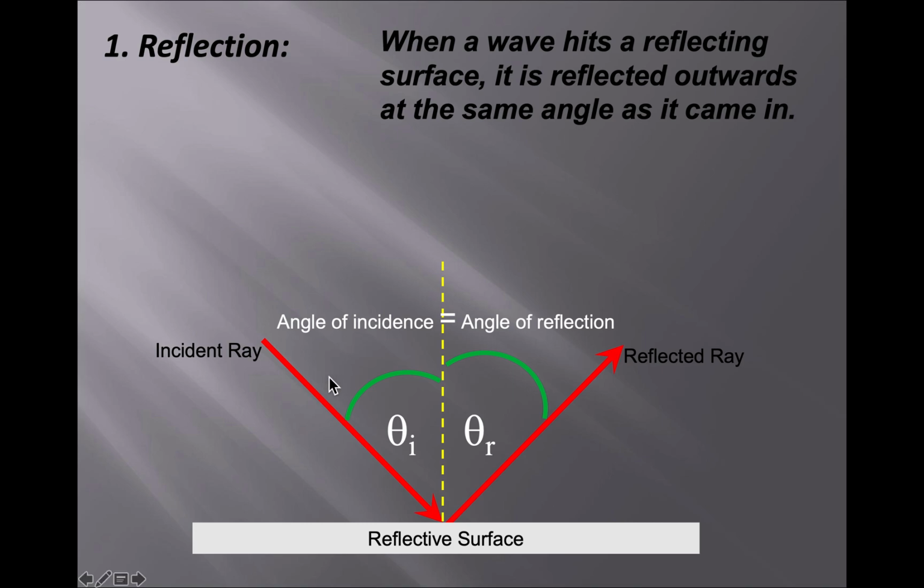One example of this is, if you just shine a light off of a mirror as it reflects off. If you're dealing with sound, this would also be like an echo. The sound waves coming in strike a solid surface, and it bounces off.